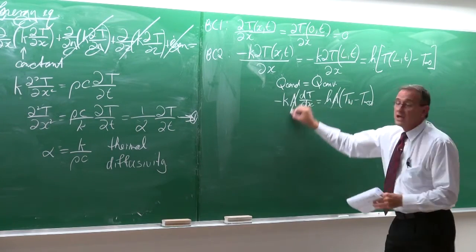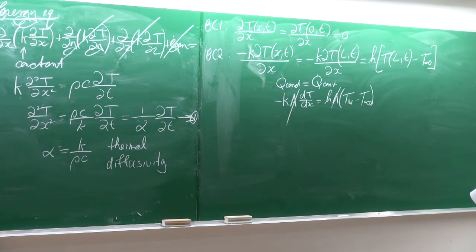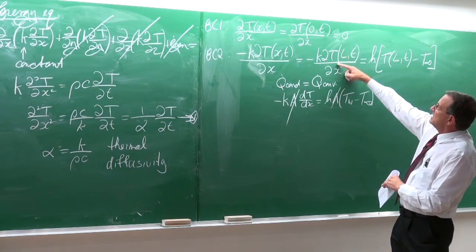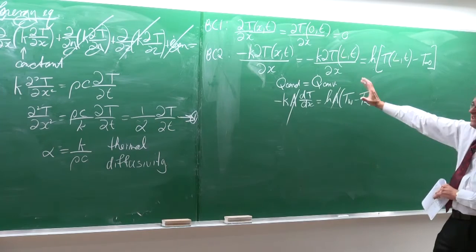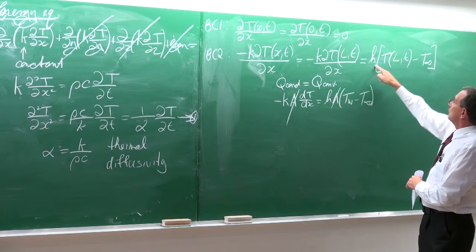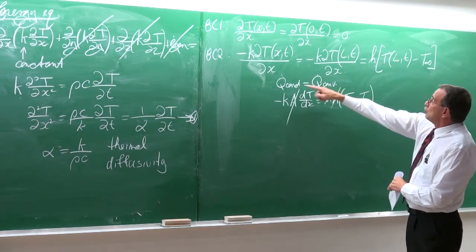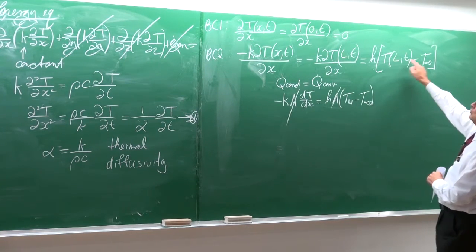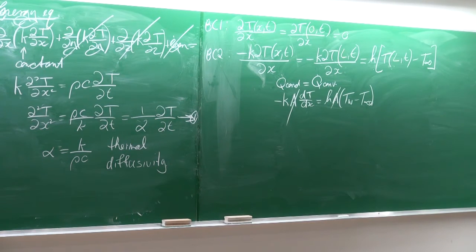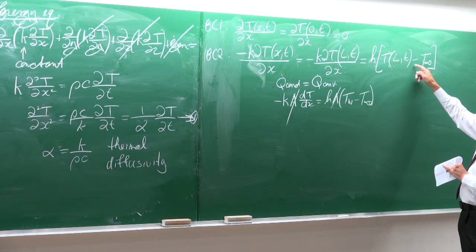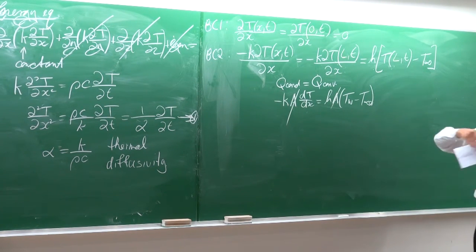And you'll see that the two areas cancel. Okay. And if you look at that term, you will see this is actually the heat flux. So it's not the heat transfer rate. And that is actually what we have here. So at the boundary, the conduction heat transfer is equal to the convection heat transfer. On the surface, the temperature is T(L,t), and the environment temperature is T infinity. You all agree? No questions?